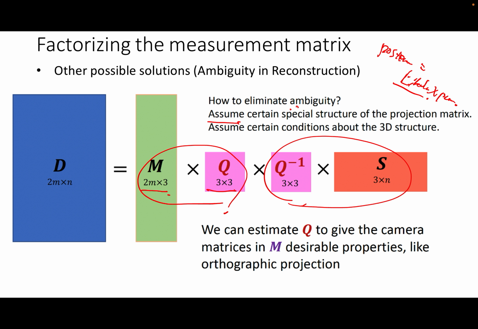That means assuming a certain special structure of the projection matrix. If we use an affine transform matrix, then we can relieve the ambiguity a little bit. Or we assume a certain condition about the 3D structure. There can be two ways: we assume something in the camera projection matrix, or we assume something in the 3D structure.